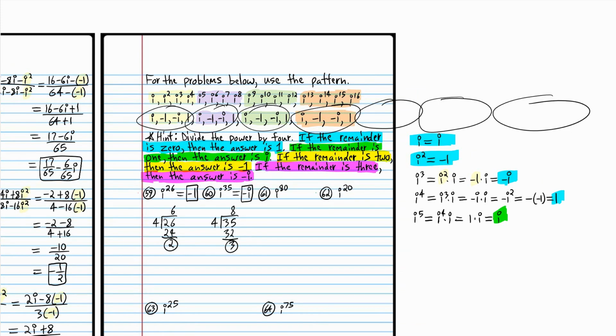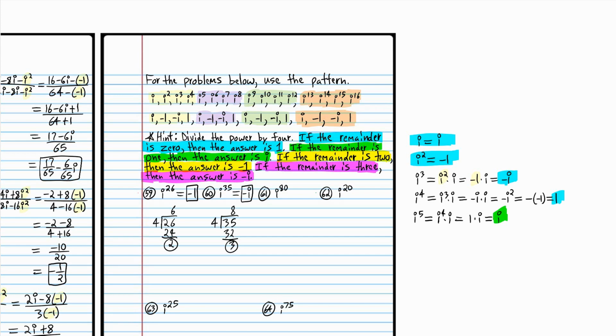So after raising to the 24th power, you get 1, then the 25th power gets you I, and then the 26th power gets you -1. So that's why when the remainder is 2, you always get -1.